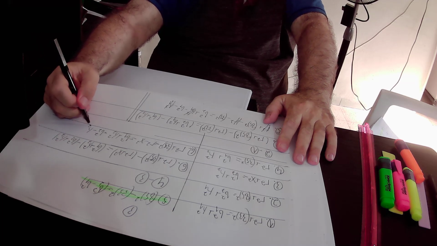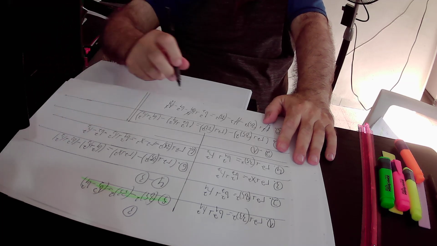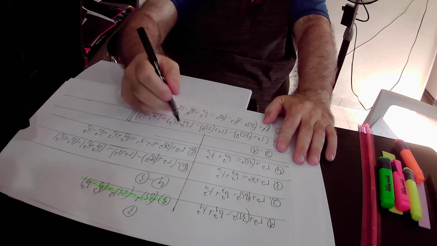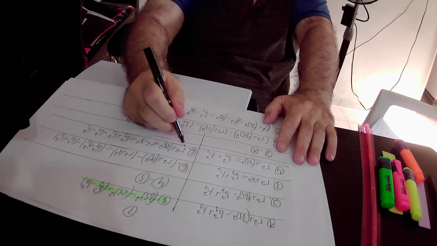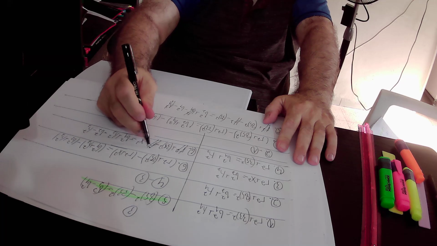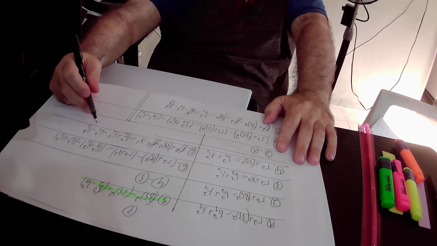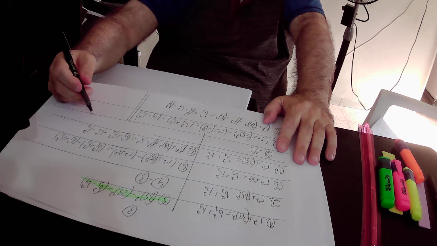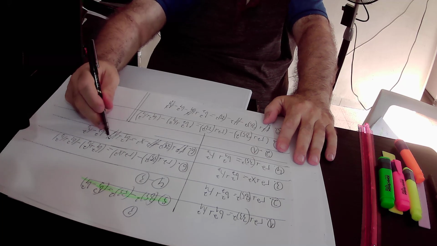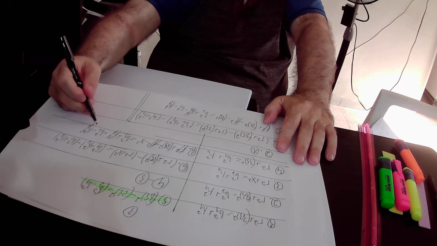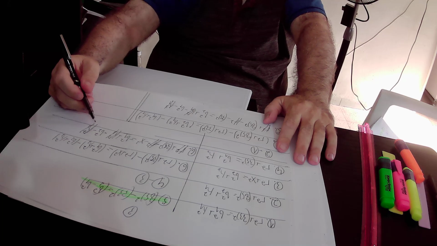minus h2 square. So in this side of equation number 6 we have r square minus r square, that is 0, so r square will get cancelled. In the other side of this equation, we have h2 square minus h2 square, that is 0, so h2 square will also get cancelled.